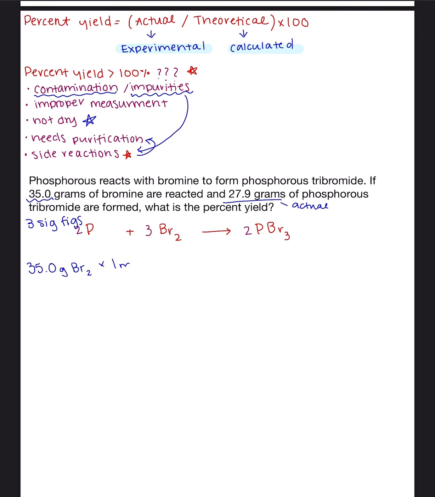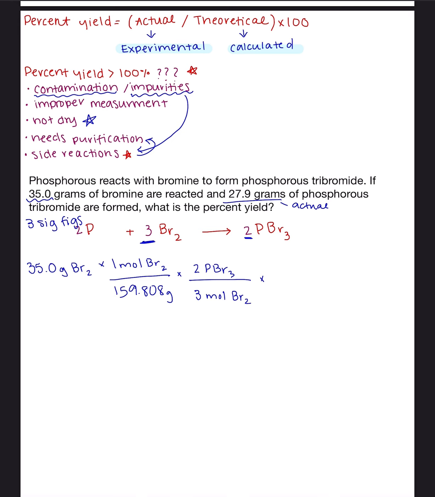We're going to use our mole to mole ratio. 1 mole of bromine is equal to 159, I believe. Let me double check that real quick. Yeah, 159.808 grams. We have 3 moles of bromine, so for every 3 moles of bromine, we have 2 moles of phosphorus tribromide.